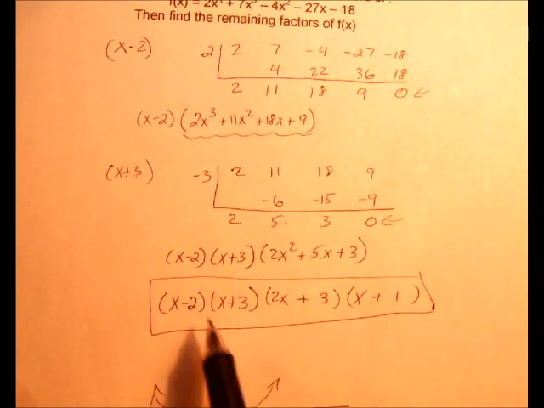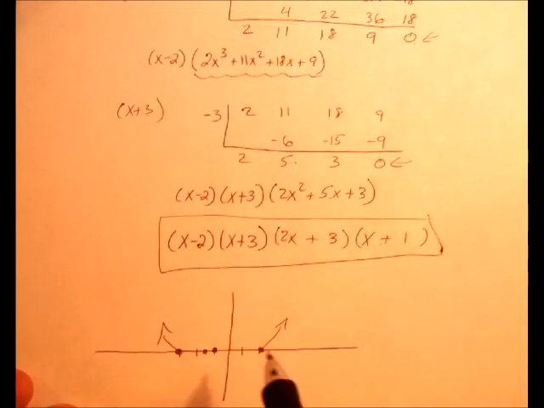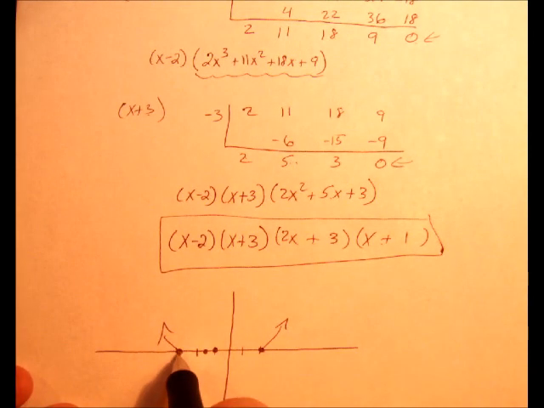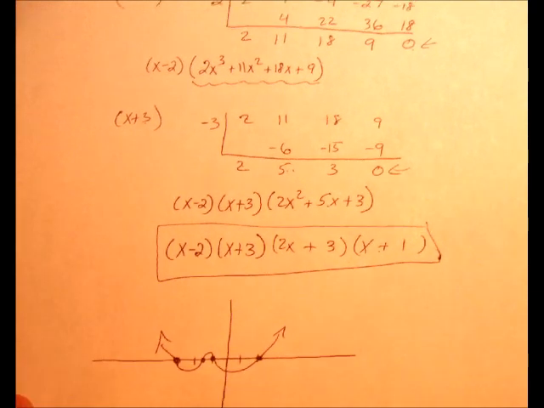And each one of our factors does not repeat at all, so at each 0 it's going to be crossing through, not just touching it. So not graphing this to scale or anything, but the graph could look something like that. So you can see how what we did last time and what we're doing this time is all going to mush together so we can graph these wonderful long polynomials. And there you have it for section 2.3.